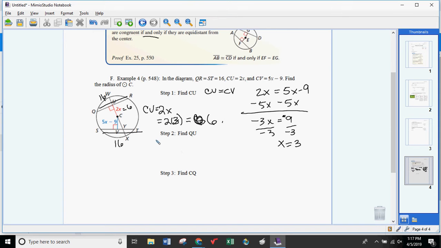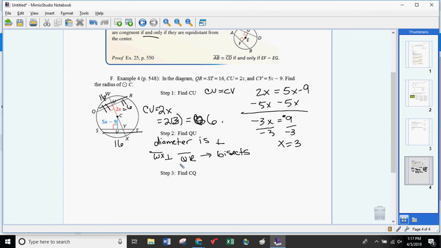Well, because our diameter is perpendicular, so see this, WX is our diameter, and it's perpendicular, I can say that it bisects that segment.